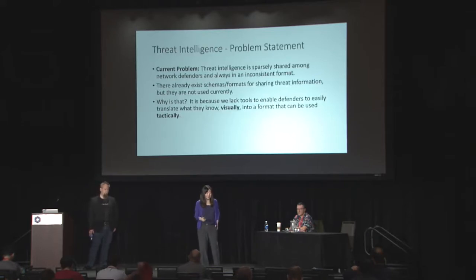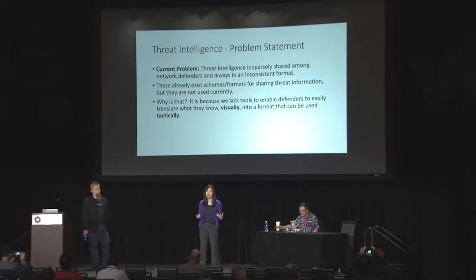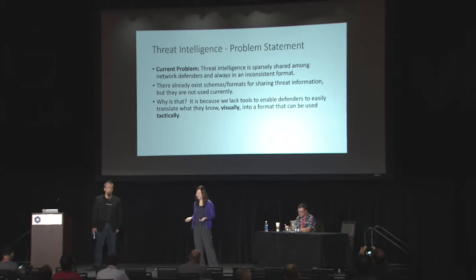Thank you. All right, so in terms of threat intel, I've been doing this kind of work for a while, and people want to share threat intel data. However, they're still not able to do it very well today, and that's mainly because there's not a consistent format for sharing that they can access easily and also automate.